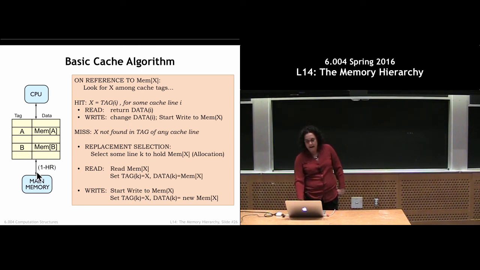And then I read the piece of data that I'm looking for, and I bring it into my cache, and I set my tag accordingly. If I'm doing a write, then I would write to that location, and again, I would initiate the write back to main memory, but the point is that the next time I try to access that location, X, it's going to be in my cache, so my next access is going to be fast.